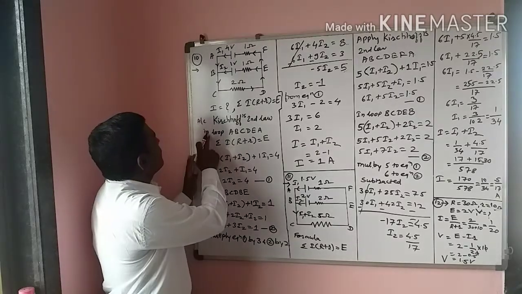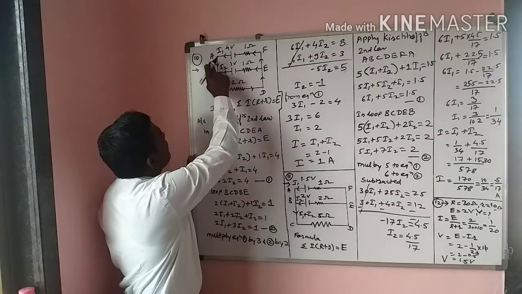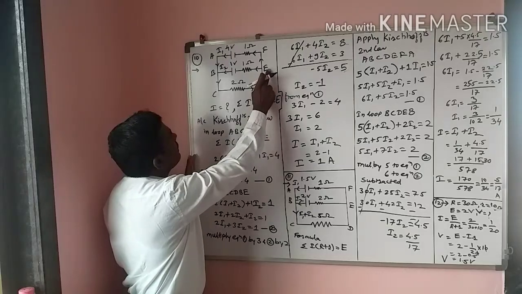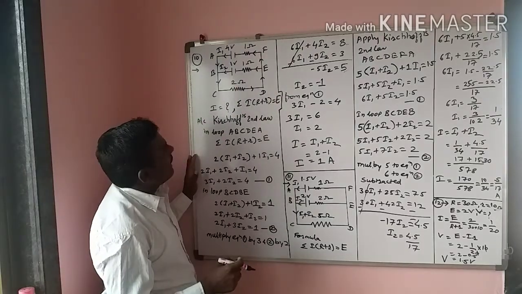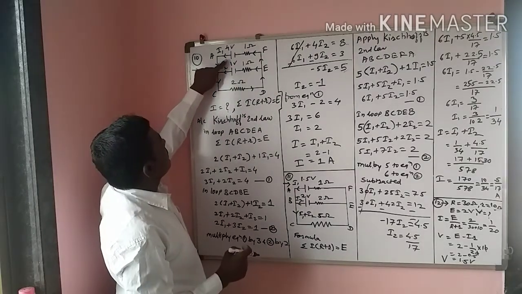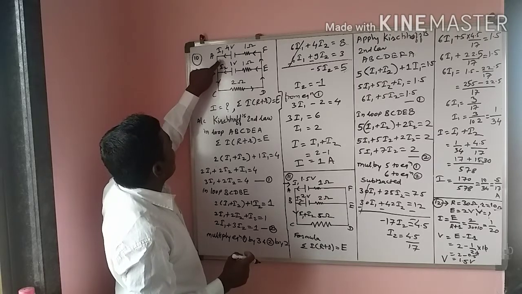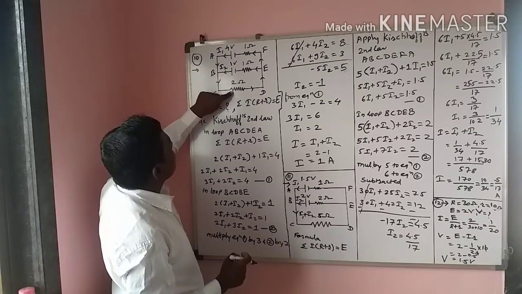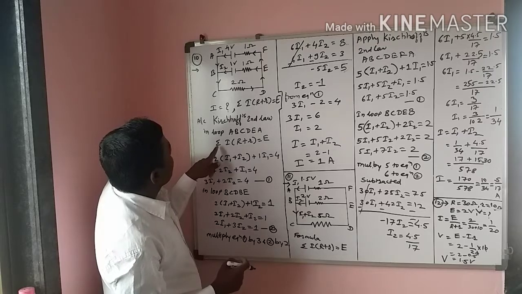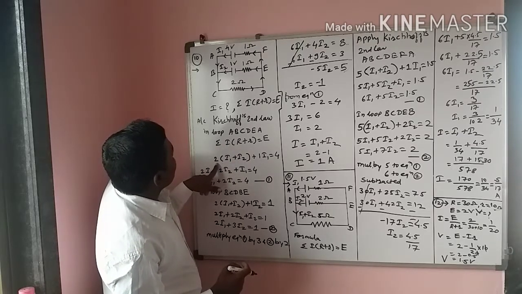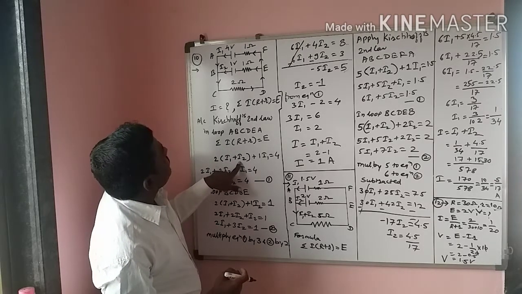Here we consider first the loop A B C D E F A. In that, the total current by this EMF and this EMF is I1 plus I2, and the resistance is 2. So we write here 2 times I1 plus I2.